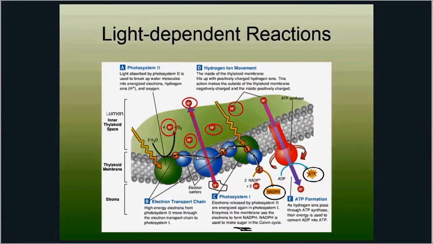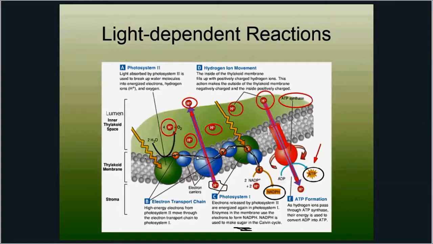What will happen with those positively charged ions is that they're going to go through another protein called ATP synthase. And every time a hydrogen ion gets pumped through that, an additional phosphate gets added to an ADP molecule, and it turns it into ATP, which is going to be used for your energy.